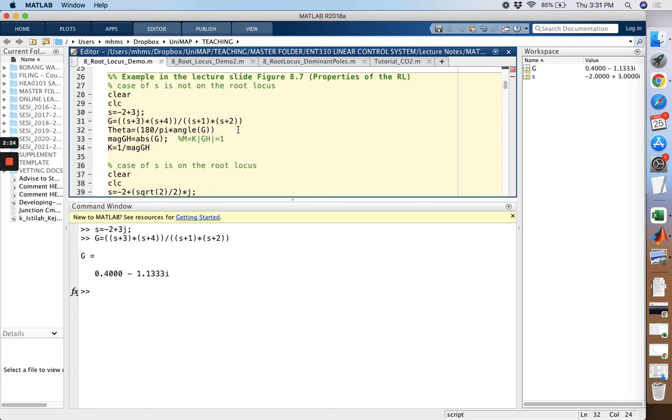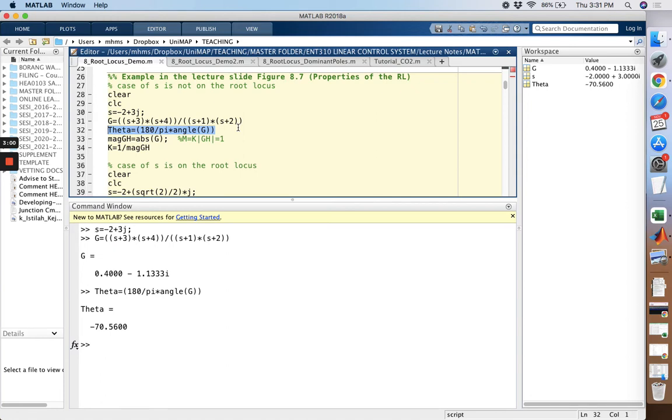We can find the theta from this complex number using the function angle, which will give you the angle in radians. That is why, when we want to find theta in degrees, we must multiply by 180 and divide by pi.